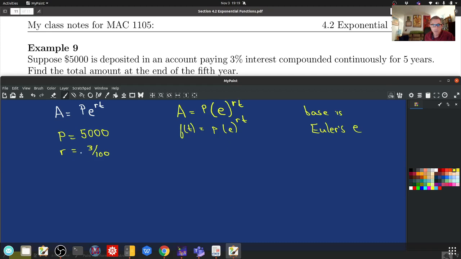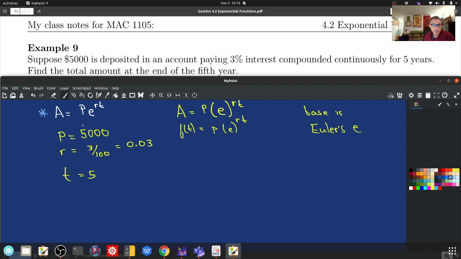And you can do either 3 divided by 100, so that's tenths, that's 100ths, that's 3 100ths. Either way. And my time t is 5. The words compounded continuously are what clue you in to using this formula.